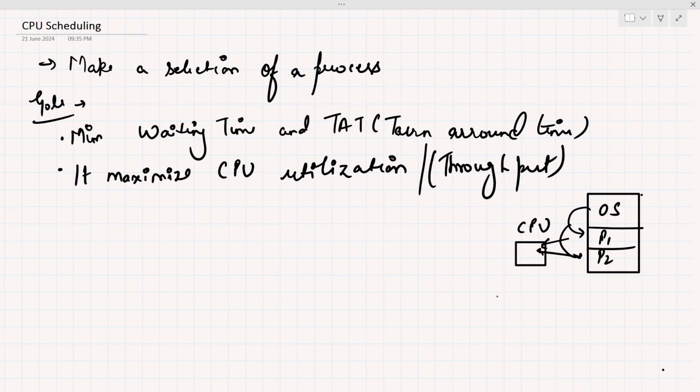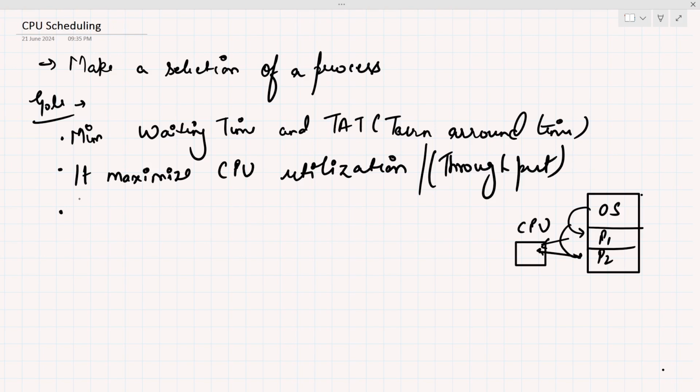Sometimes the CPU becomes idle because a process was performing some other task. We will see these things in upcoming videos when we understand more about scheduling algorithms. But what you have to understand now is that it maximizes CPU utilization, meaning the CPU is not becoming idle.